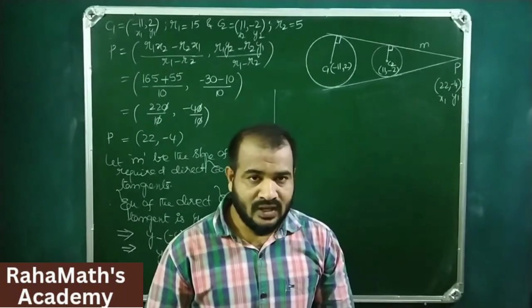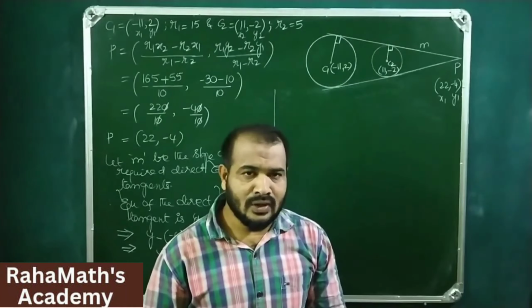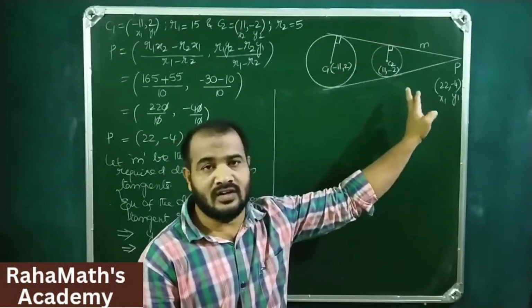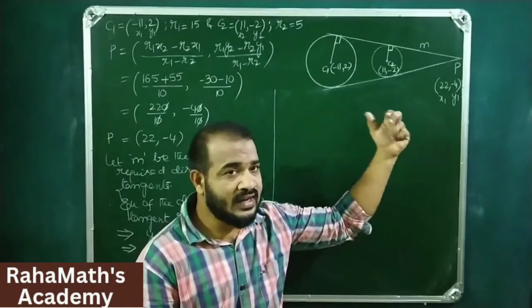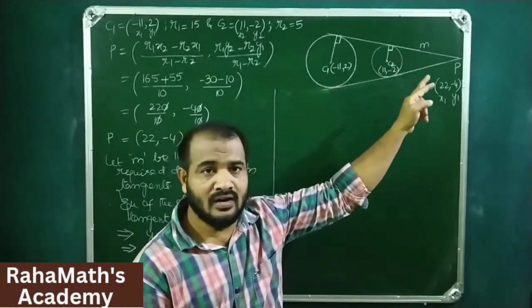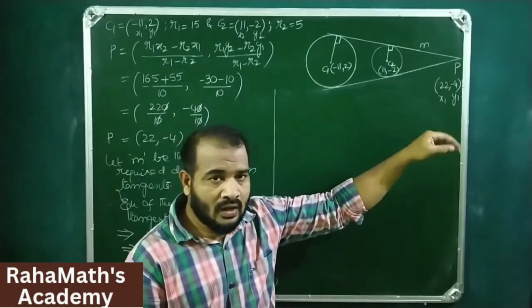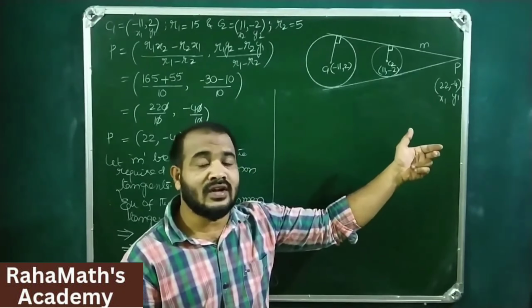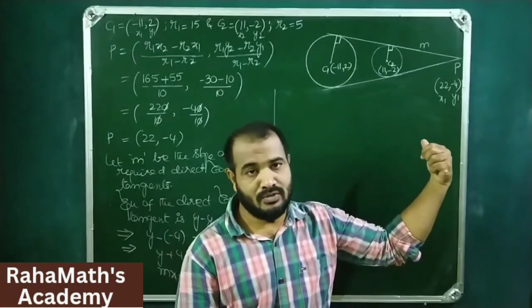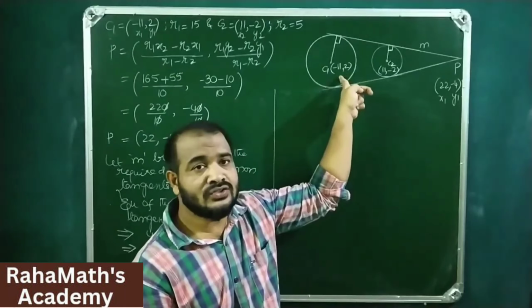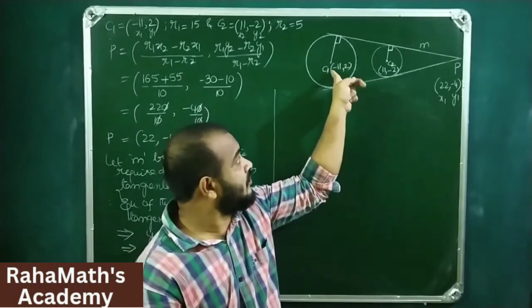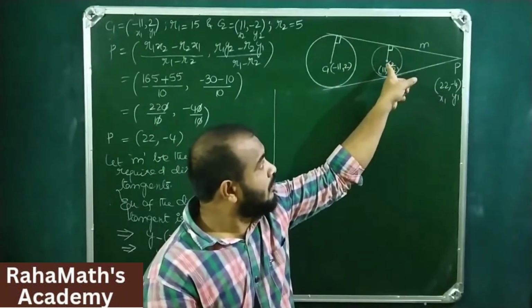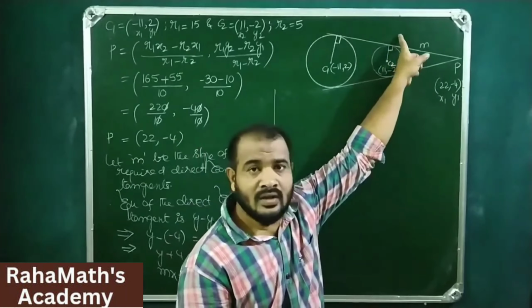R equals D. The radius of any circle, because this line touches both the circles at the same time. What is D? D is the perpendicular distance from the center of the circle we have taken into account. If we take this circle, the perpendicular distance from this center to this line, or if we take this circle, the perpendicular distance from this center to the line.